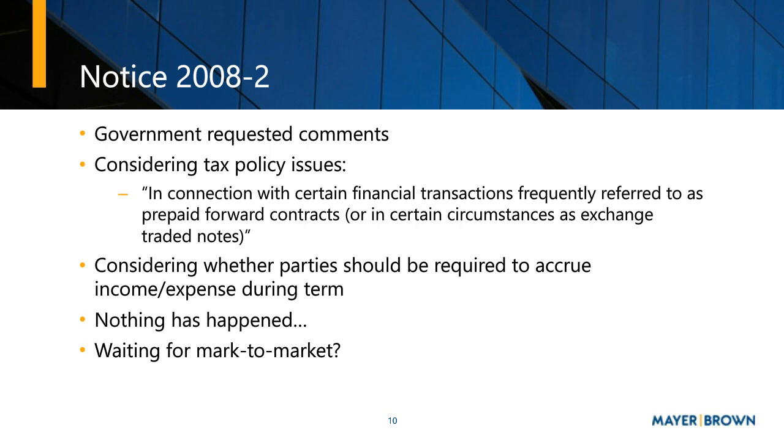And the main point is, should a holder of an instrument like that be able to defer income until maturity or an earlier sale? So the example would be you got a 25-year ETN linked to the S&P 500. The S&P 500 goes up over time, but a holder doesn't have to include any income, the holder of the ETN, until the 25-year mark.